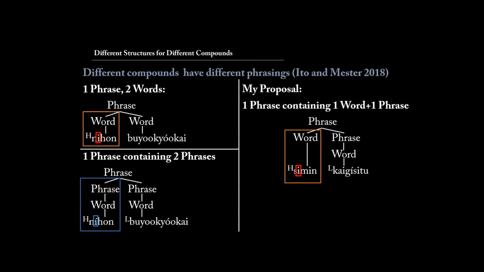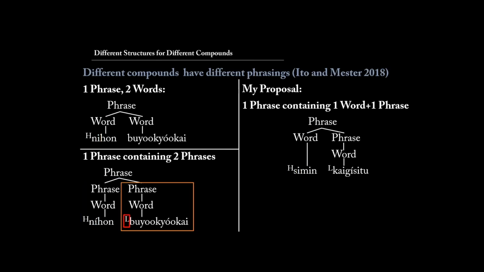But the different one in the bottom left does have an accent since it has a different structure. Now, if we compare the right-hand side on each one, the two in orange, again, have the same structure with a phrase all the way on top, and they both keep their L tones. But the one on the top left that has just a word on top loses its L tone.